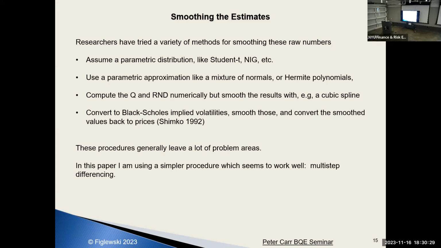An alternative, people use a mixture of normals or Hermite polynomials or Gram-Charlier approximations to a distribution. Again, you're imposing a distribution. You're not making as strong assumptions, but you're still imposing a distribution.